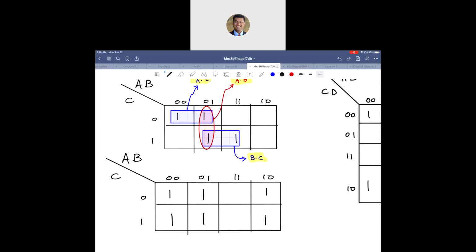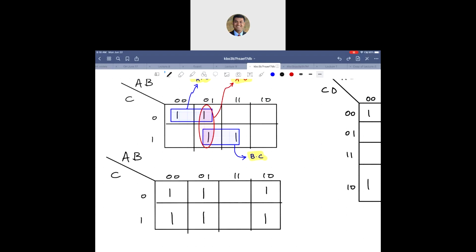Next, what would you do for the 3 variable K map at the bottom? Are there any groups of 4 ones? 8 ones is not there. So the next question is, are there groups of 4 ones?